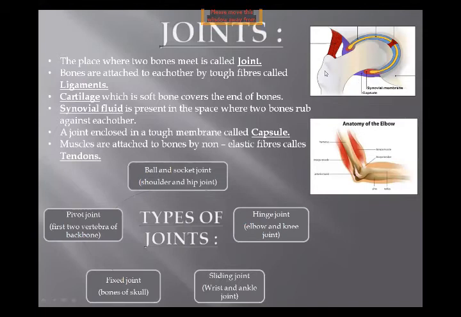Again, I repeat, a joint is a place where two bones meet. The joint is enclosed with a capsule, made up of connective tissue, a tough membrane.